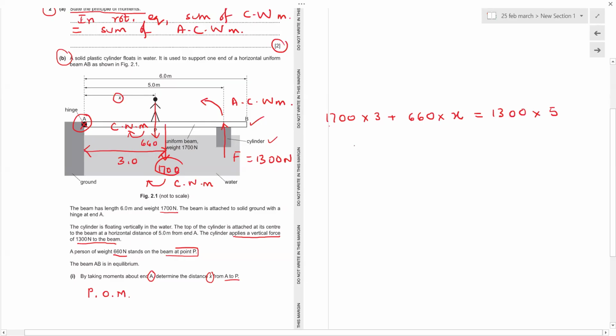So let's make x the subject. Very easy: x = (1300 into 5 minus 1700 into 3) divided by 660. X comes out to be almost 2.1 meters.